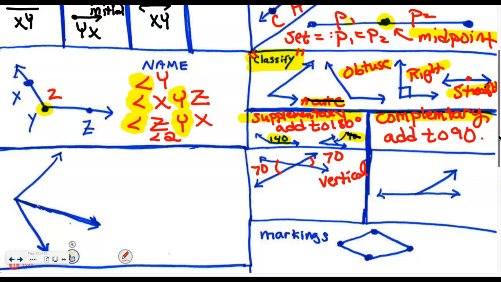If this is 70 and that's 70, what do you think this one is, since it makes a line with the 70s? 110, right? Because a straight angle or a line, you might want to write that over here, see what I'm writing, is 180 degrees. So if two angles make a line together, you're right, this is 110. What's the one across from it going to be then? 110.